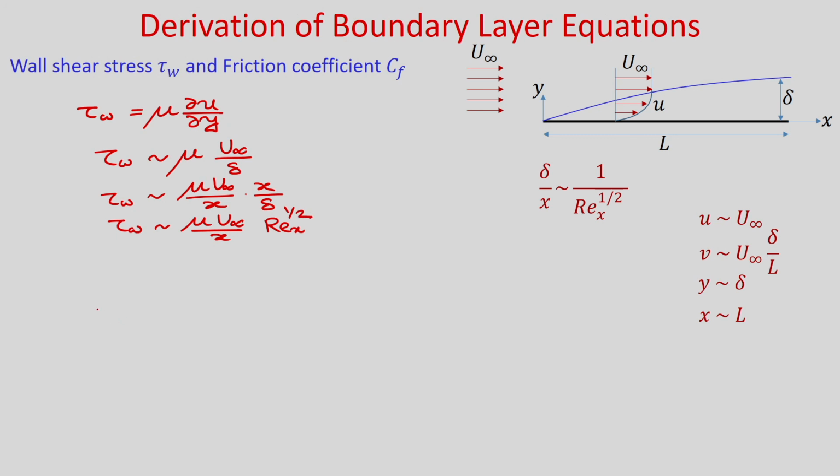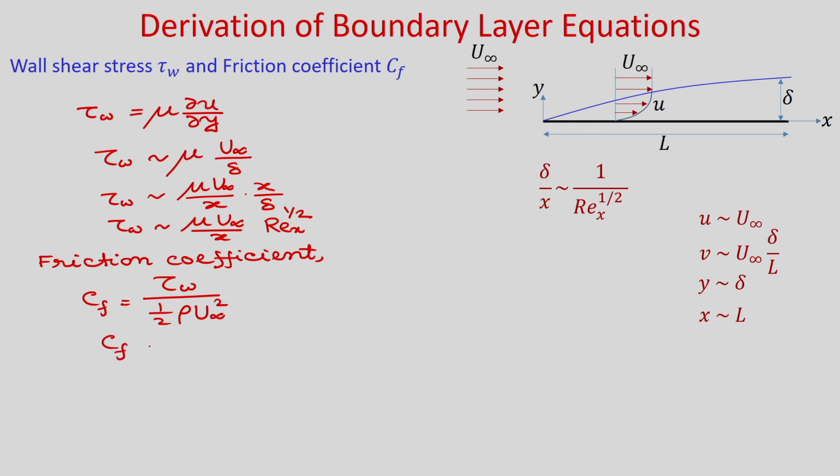Okay. Now, the friction coefficient, so that is the non-dimensional representation of the shear stress. So, we can write Cf is equal to tau w by half rho u infinity square. So, for this particular case now tau w already we have seen. So, Cf will be order of tau w by rho u infinity square.